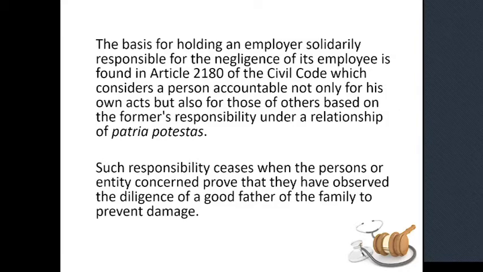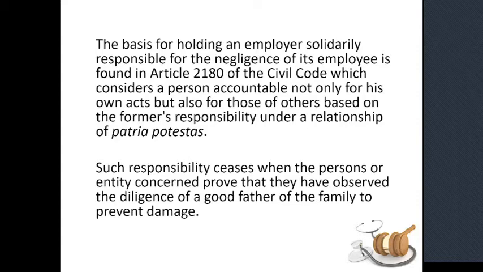So the basis for holding an employer solidarily responsible for the negligence of its employees is found in Article 2180 of the Civil Code, which considers a person accountable not only for his own acts, but also for those of others based on the former's responsibility under the relationship of patria potestas. So what is patria potestas?